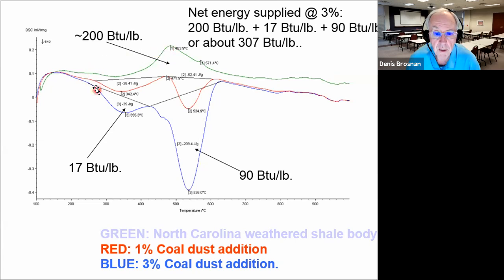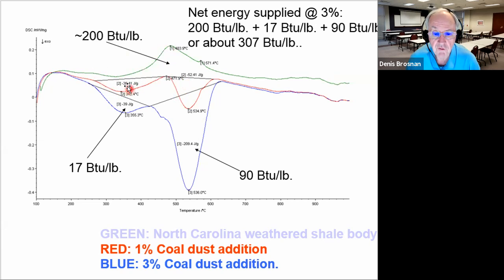But now start adding some coal dust. And you see two exotherms here, very common with this type of coal. So there's a fairly low temperature exotherm where we get a little bit of heat, and there's a higher temperature exotherm where we get more heat.